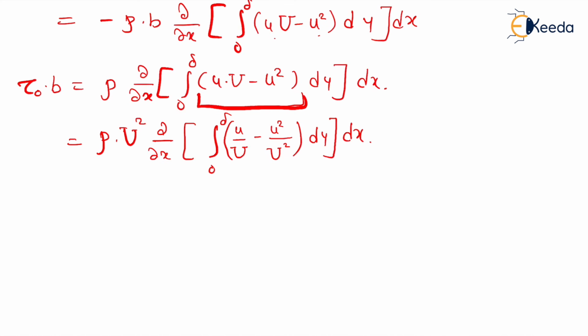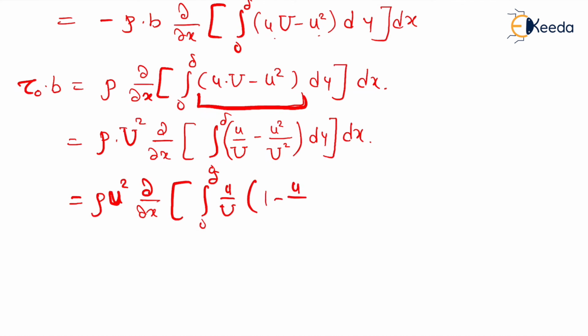I can take small u upon capital U as common, so we have rho U square ∂/∂x in square bracket 0 to del small u upon capital U common, 1 minus small u upon capital U, dy into dx.